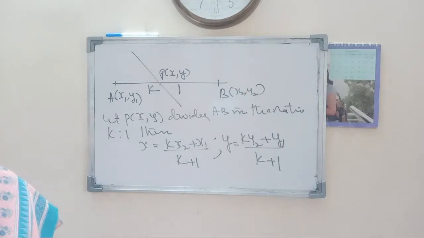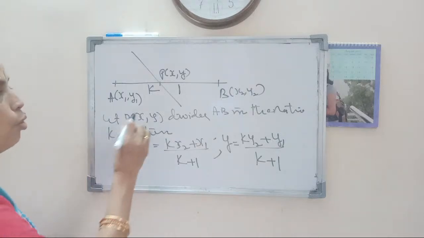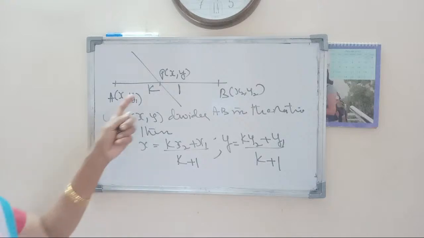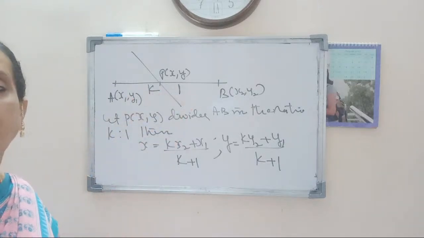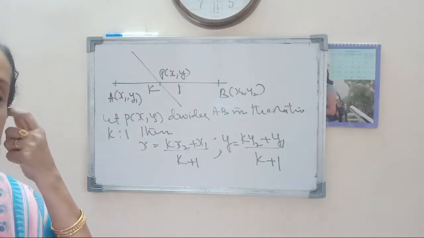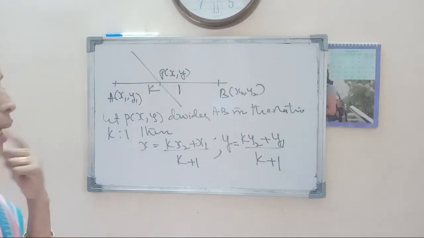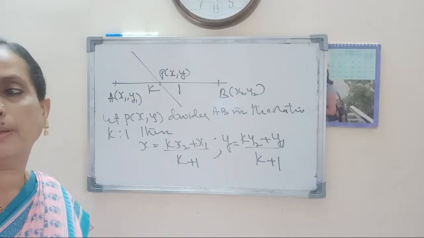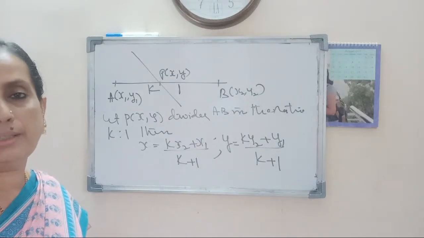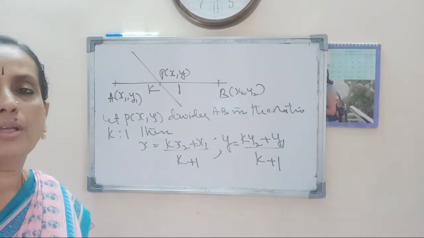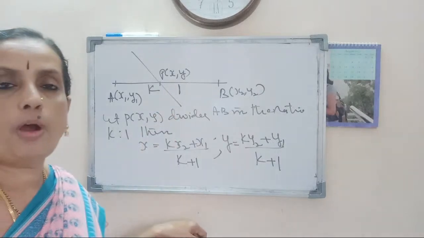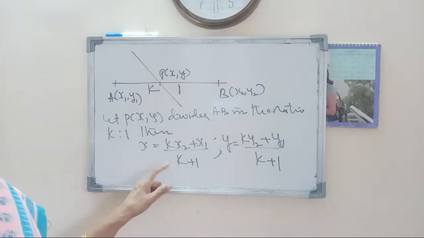When the ratio is not known, assume it divides AB in the ratio k:1, and you can easily calculate the ratio and the point P. This is the application of the section formula: the direct formula, then the midpoint formula, then the K formula.